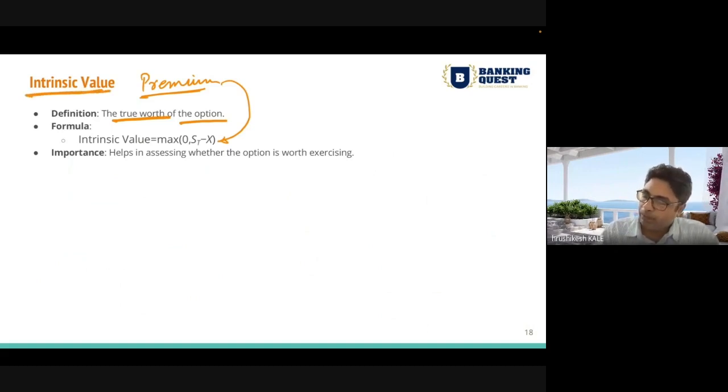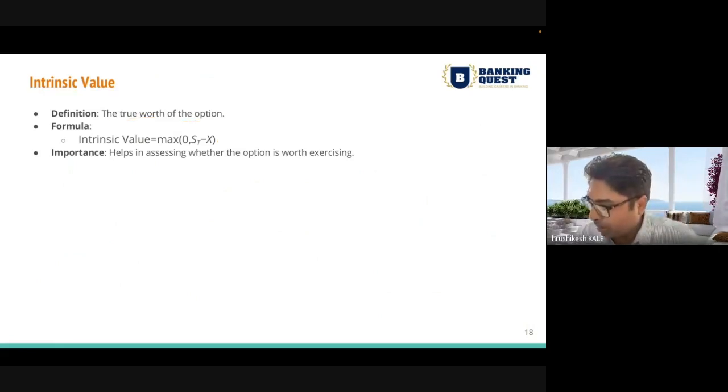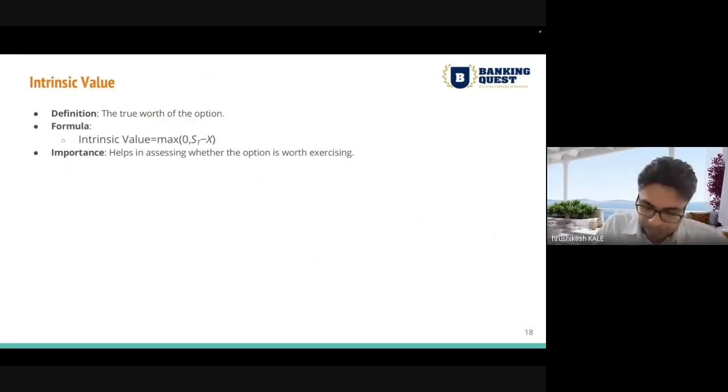And the premium for long call option should be equal to ST minus X. Now, let us understand this in a better way. My mistake. Let me just rephrase this slide.